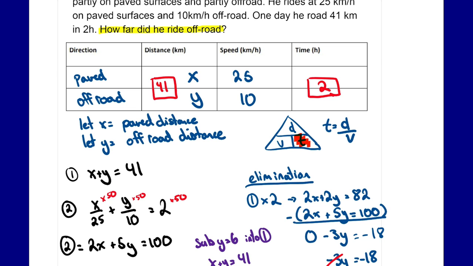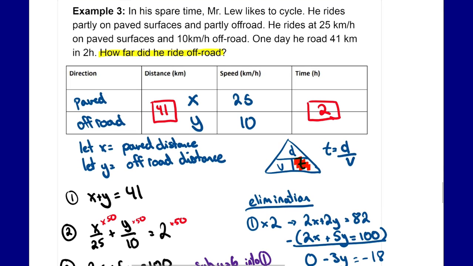If there's totals in your scenario, like we knew we had a total of 41 kilometers in 2 hours, chances are those are what our two equations have to equal. So we have to figure out how I can use my variables to come up with a total distance, and a total time.